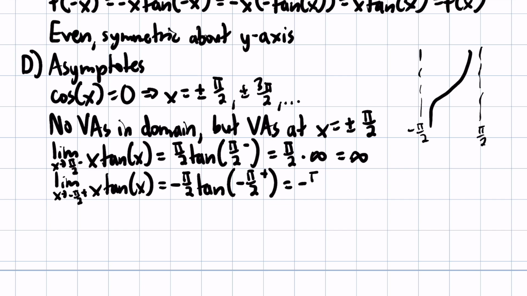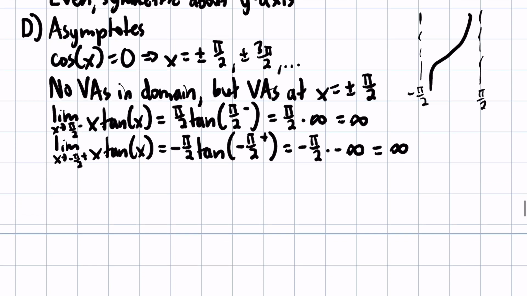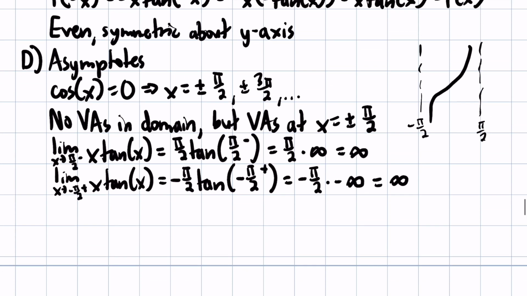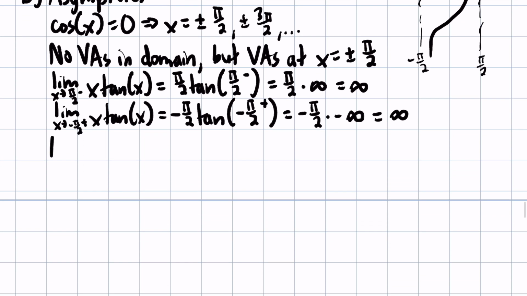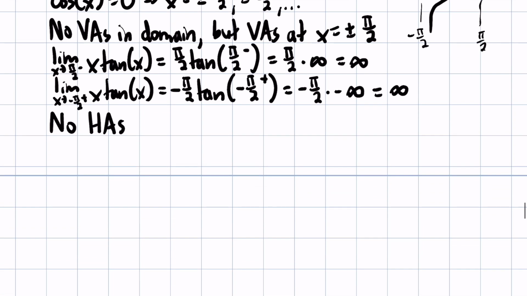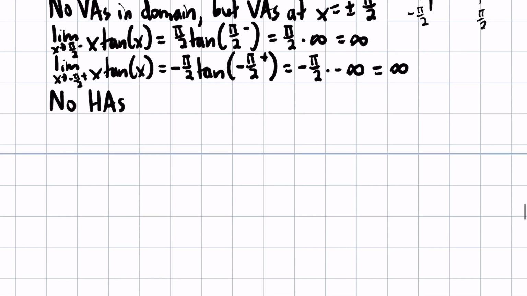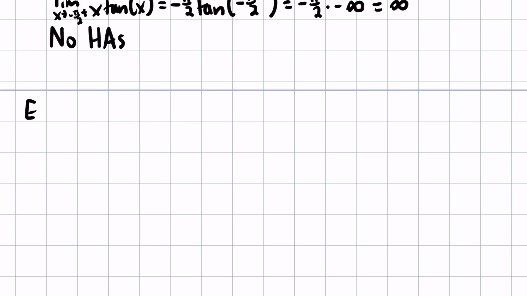So this is negative pi over 2 times negative infinity. The negatives cancel out and we get positive infinity. So there are no horizontal asymptotes, but what we just did also proves that we do have vertical asymptotes at these points. So no horizontal asymptotes. The next thing we need to talk about is where the function is increasing and decreasing.